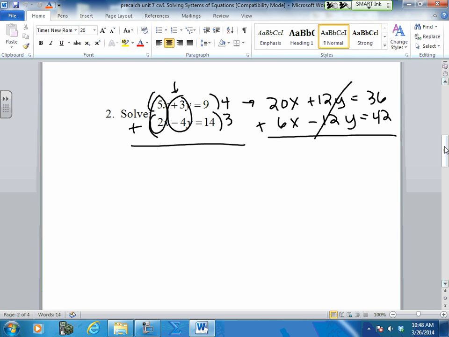That was your goal. So I get 26x is equal to 78. I divide by 26, and I get x is equal to 3. Then what do I have to do? Substitute back into either one of them and find my y's. So I'll take the first guy.